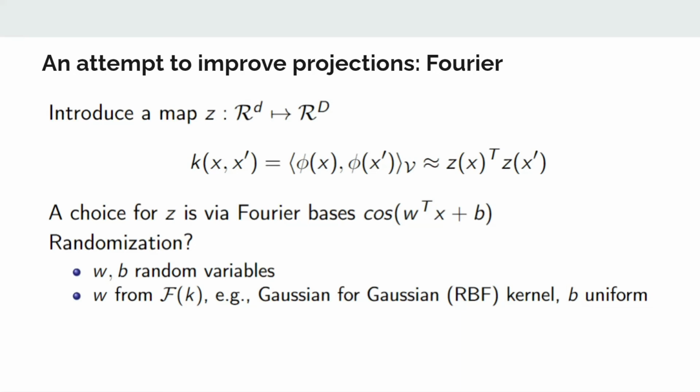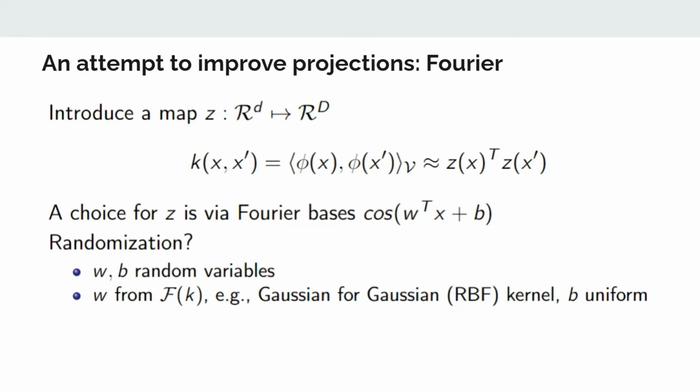Where does the randomization come from? It comes from the random variables that are W and B. We sample W from the Fourier transformation of the kernel we are theoretically trying to approximate, which is the Gaussian kernel here. We used the RBF kernel. And the Fourier transform of the Gaussian is also Gaussian, so it conforms to probability distribution properties, so we can safely sample from it.